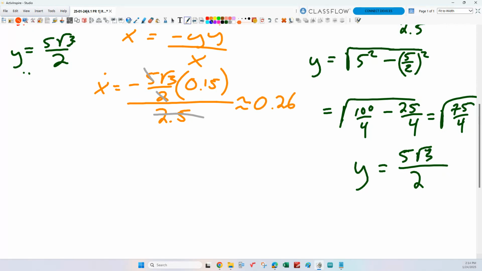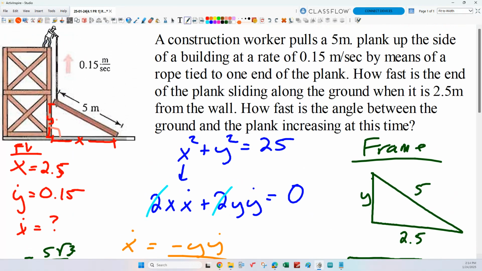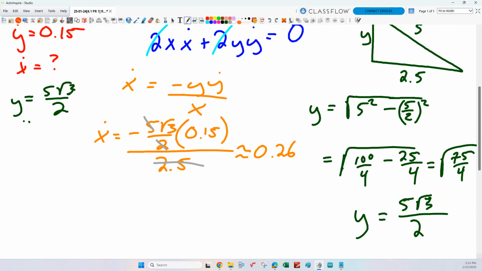Okay, and what should my units be for that? Meters per second. Yeah, because we're measuring length in meters, time in seconds, right? So that ought to be meters per second. Good?